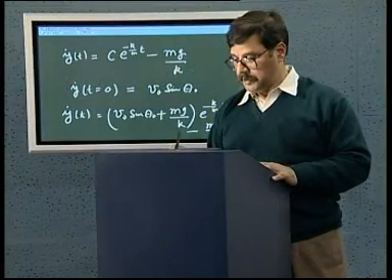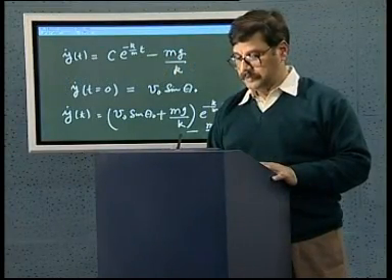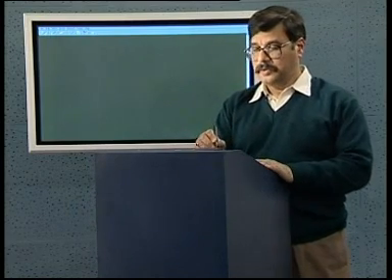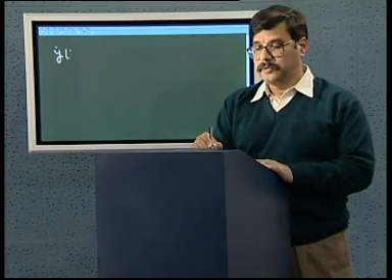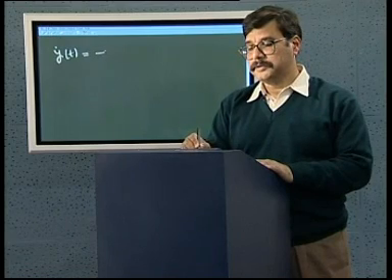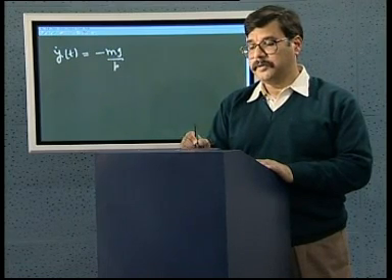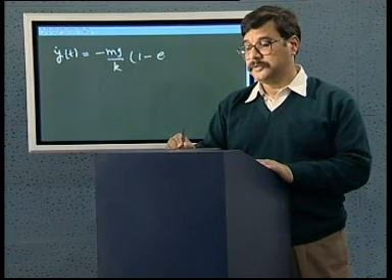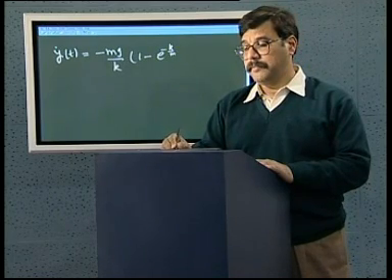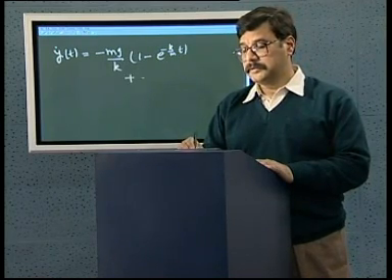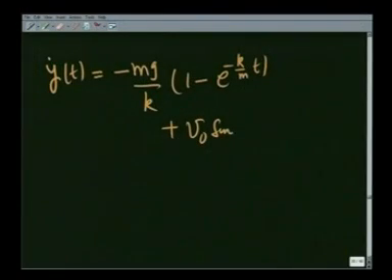or I can also write this as y dot of t is equal to minus m g over k times 1 minus e raised to minus k over m t plus v 0 sine theta 0 e raised to minus k over m t. This is how the velocity of particle in y direction varies with time.